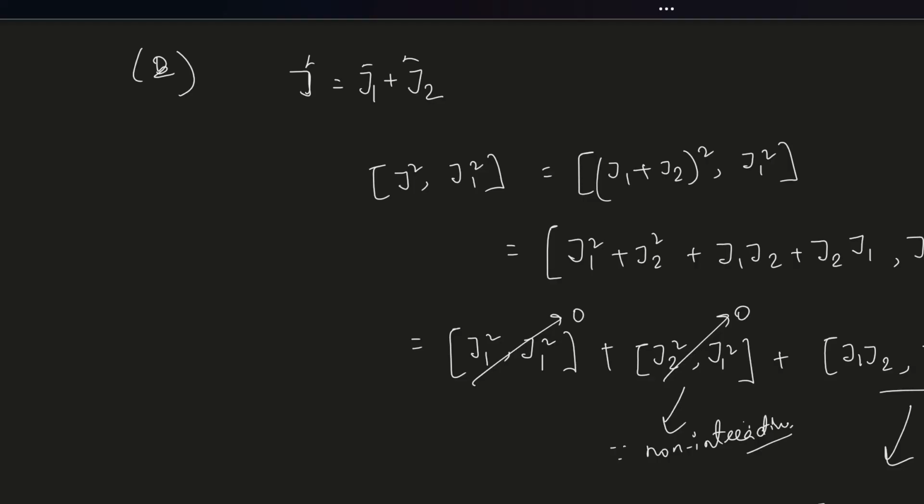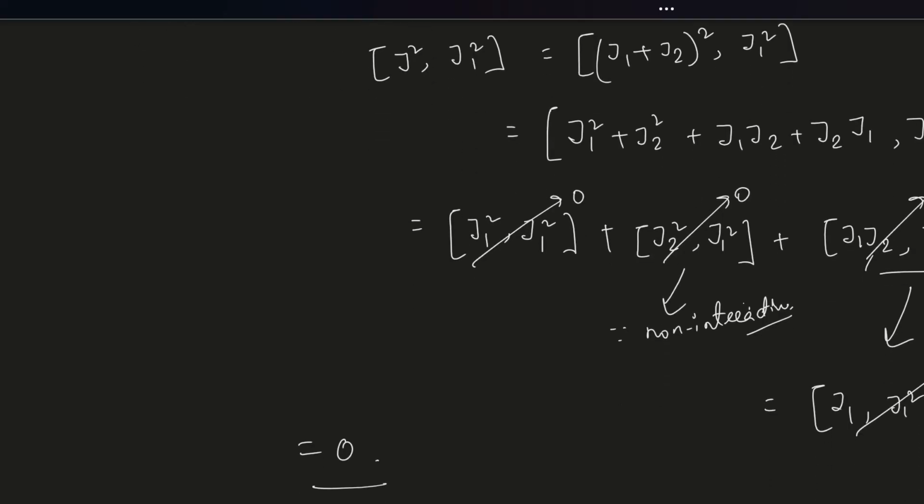And similar thing you can do up to this part and break it down into two terms. So J1 with J1 square leads to 0, J2 and J1 square also lead to 0, because again non-interacting, and similarly these terms are also 0. So overall you'll see that all the terms are going to 0, so obviously this commutator bracket is going to 0.